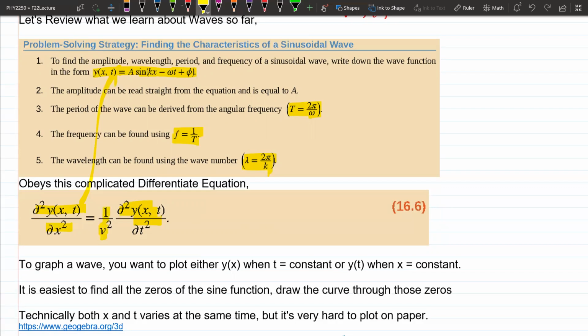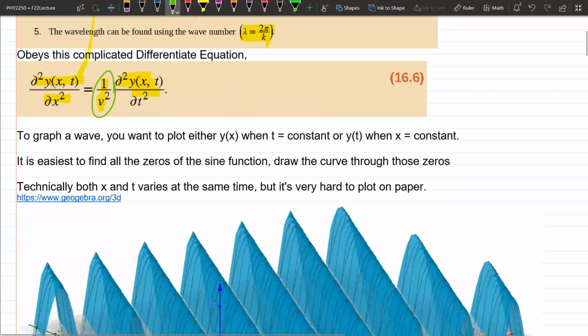This factor in front allows us to calculate the wave speed for any type of wave, because it has this factor of 1 over the speed squared here, okay? We're going to figure out what that speed is without knowing the wavelengths or the frequency.